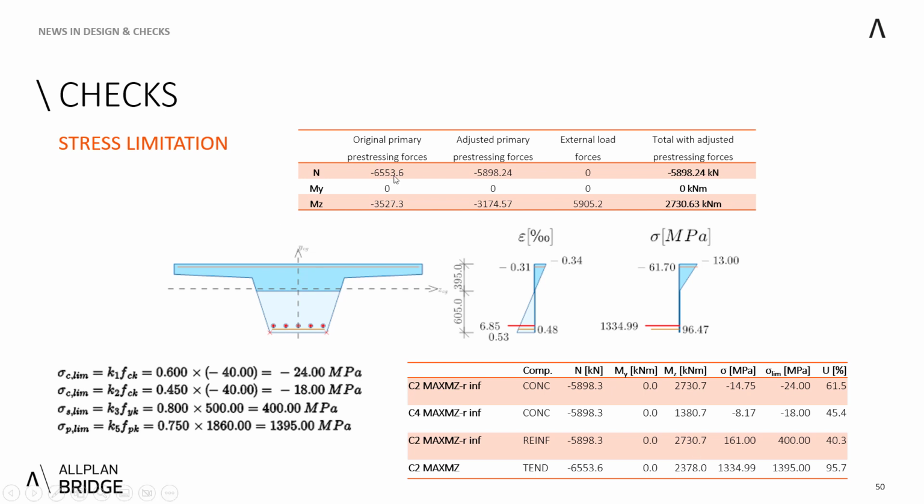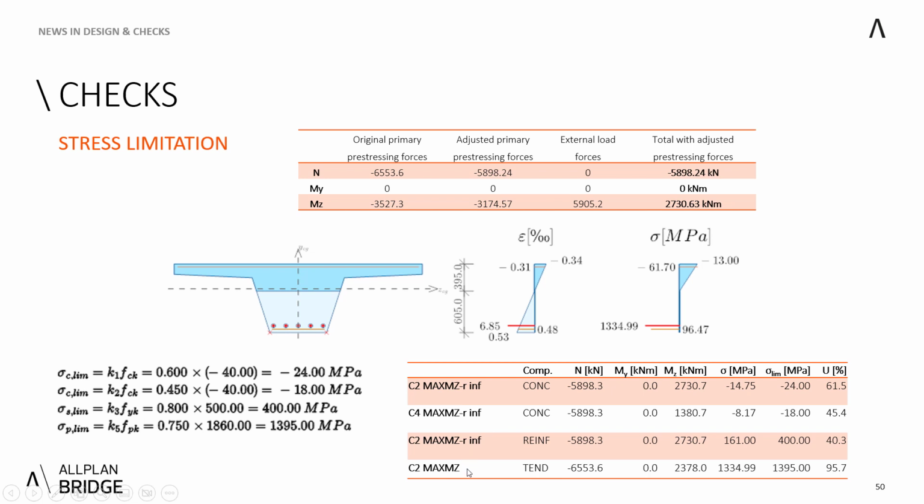And thus, the ordinary primary pre-stressing forces are, again, as I explained in the rate of failure, adjusted by this coefficient, summed up with external loads, resulting into adjusted total pre-stressing or adjusted total forces that are then used. And as you can see in the results table, there is always this R inf, R sup suffix that tells you which situation caused those different internal forces. And then they are compared to those limits given by the code for a characteristic quasi-permanent combinations.